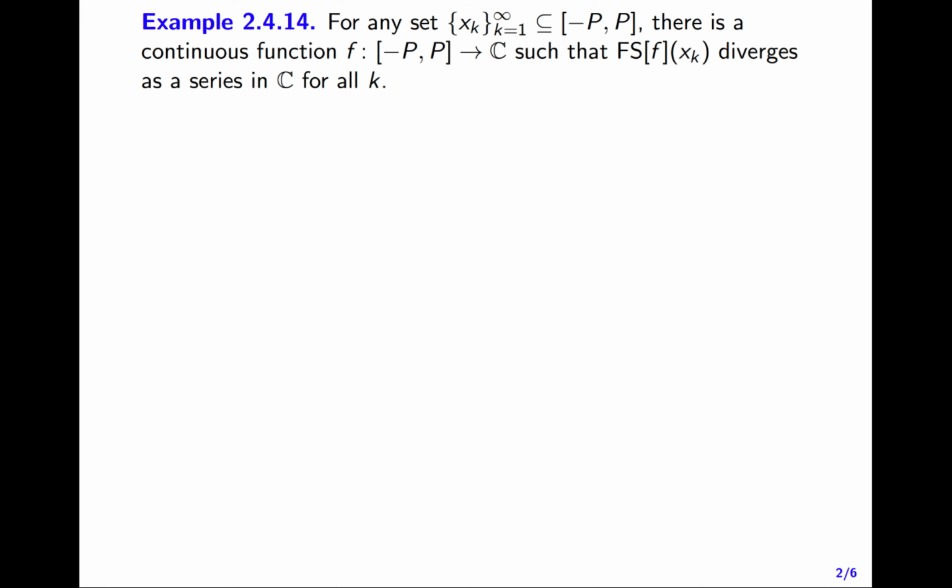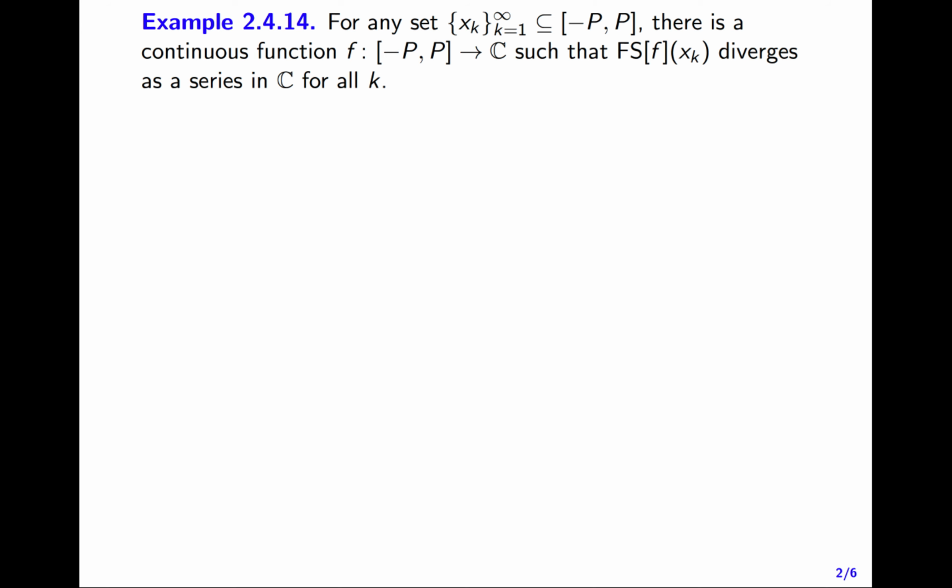In fact, we can even dig up a pathological example, or non-example since I don't quite give you a formula for this. If you give me a countably infinite set xk from k equals 1 to infinity in the interval minus p to p, you can find a continuous function f on the interval minus p to p, such that the Fourier series for f at these points xk diverge as series in the complex plane for all k. So what does this mean?